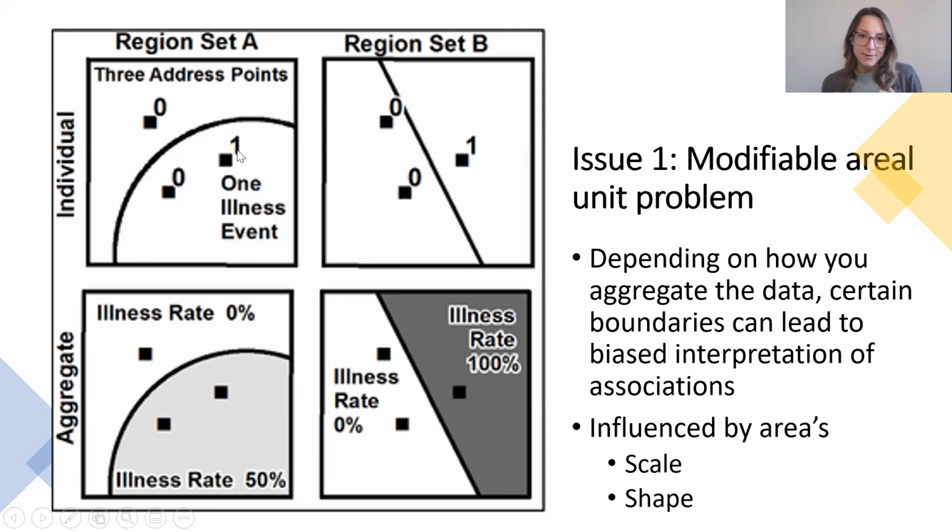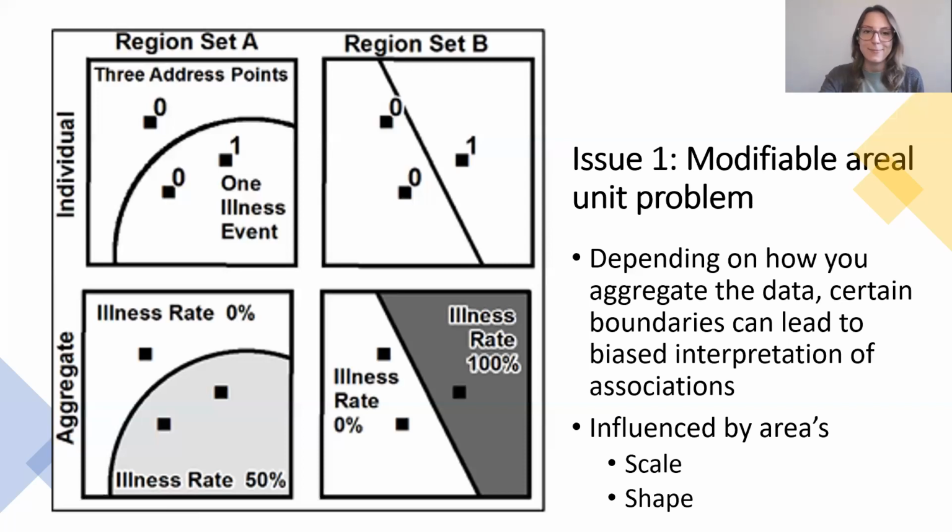So the scale of the area, the extent or the size of the area, really impacts what your rate of disease will end up being, how many cases of a disease will end up being captured in that particular geographic area. So that's one, size or scale. The other thing that influences this problem is the shape of the polygon.